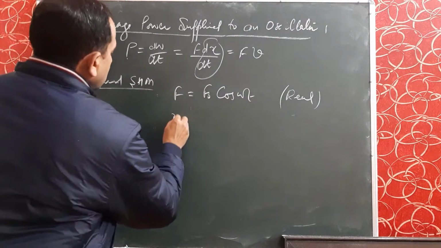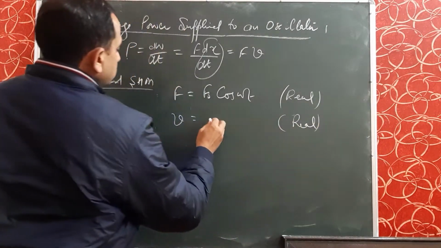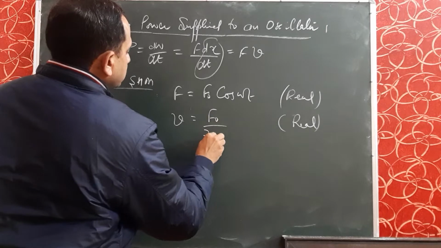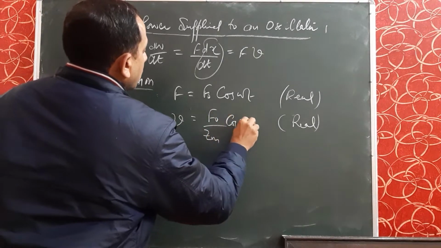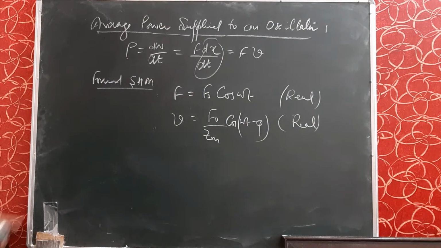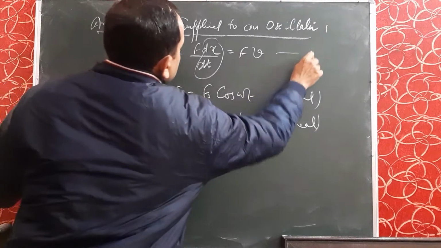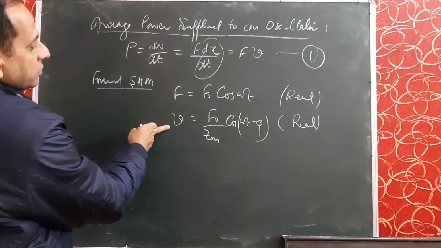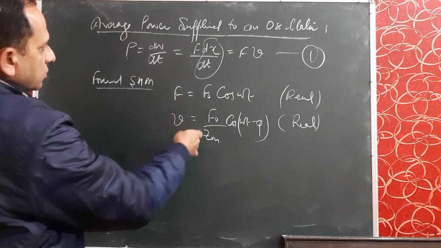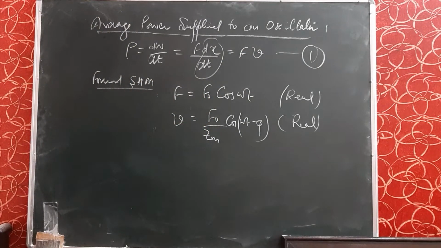And in case of velocity, the real part of velocity is F naught over Zm into cos of omega t minus phi. So, this is force and it is velocity. We will put the values of the real components of force and velocity here to get power. So, power is equal to the product of force and velocity.